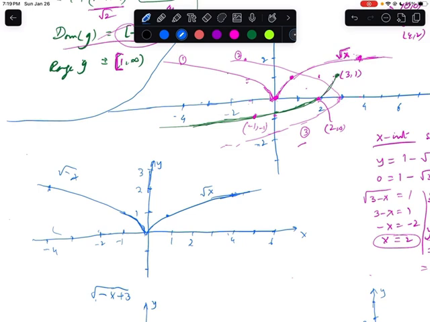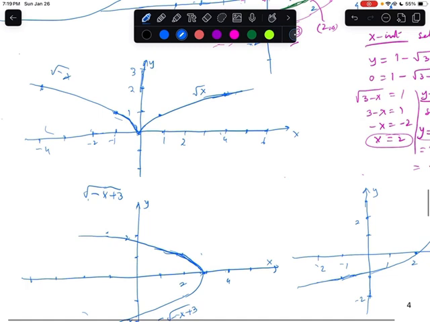What will those points become? (0, 0) will stay (0, 0). (1, 1) will go to (negative 1, 1), and (4, 2) will go to (negative 4, 2), and then you can graph the function. Then in the next step, we have to shift right 3 units.